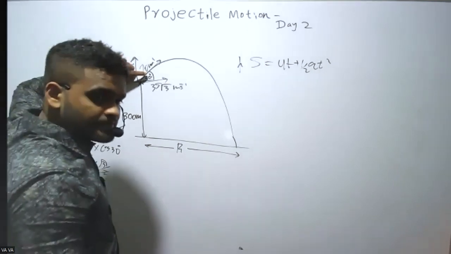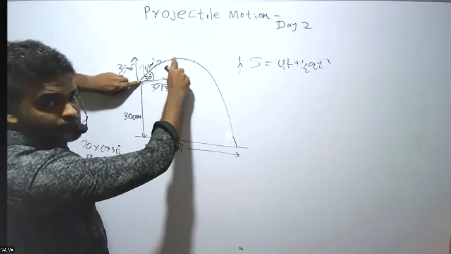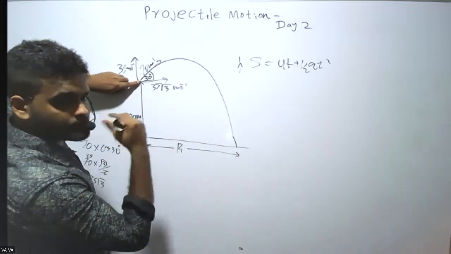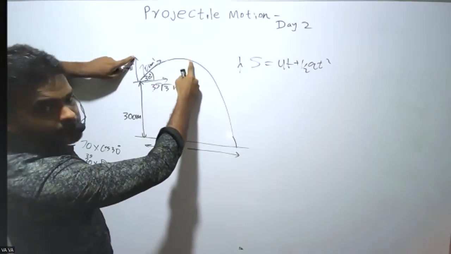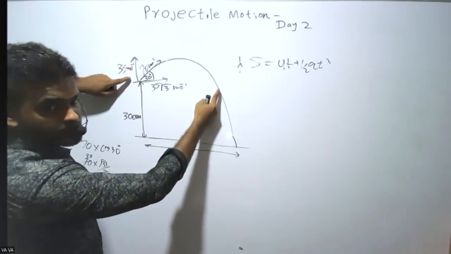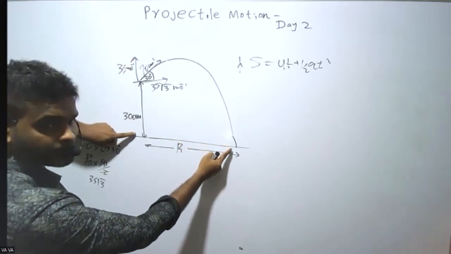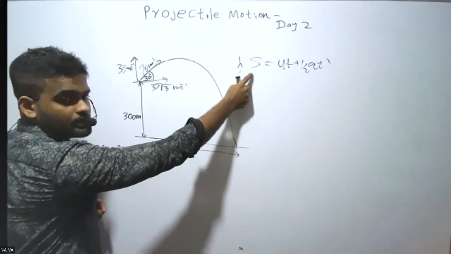What happens as the object goes along this projectile? Think about the behavior of the vertical component. As it goes up, this component goes here. As it falls down, this vertical component reaches here. So what's the final displacement? You are applying the equation upwards.